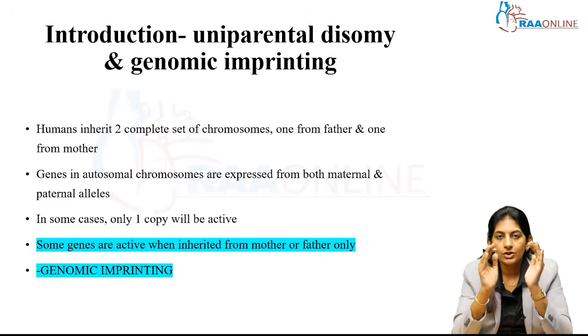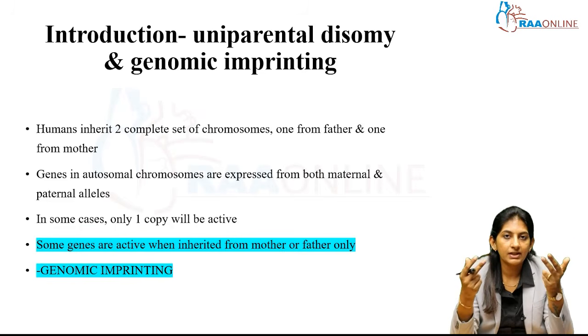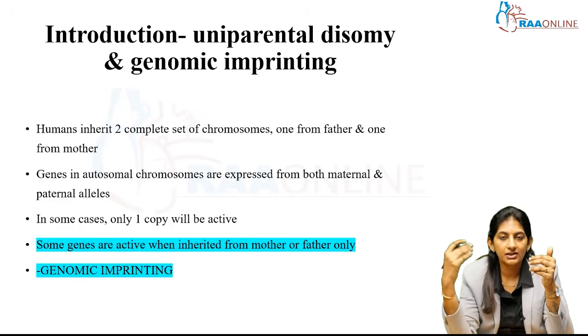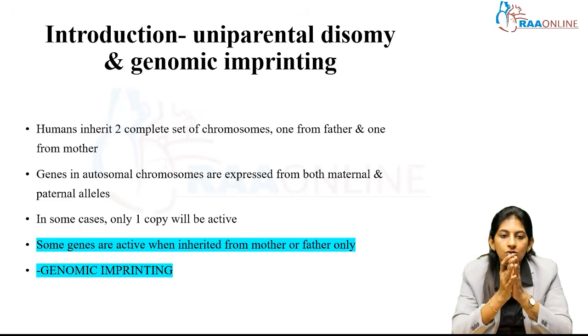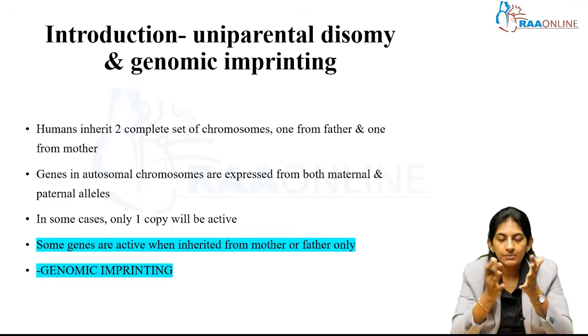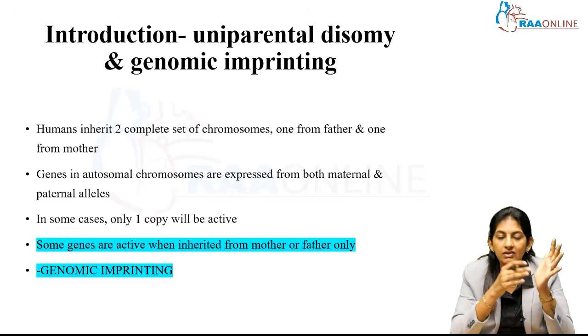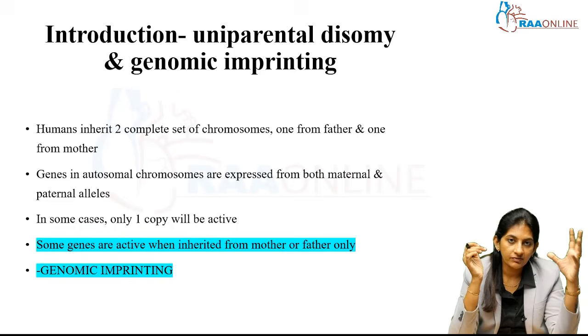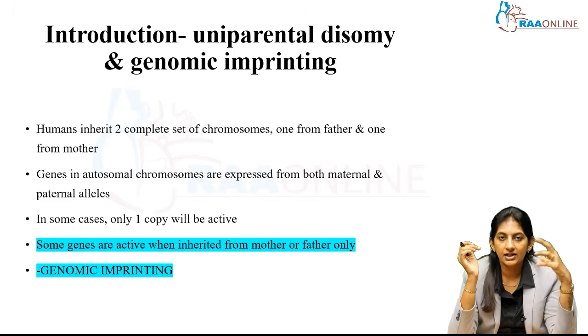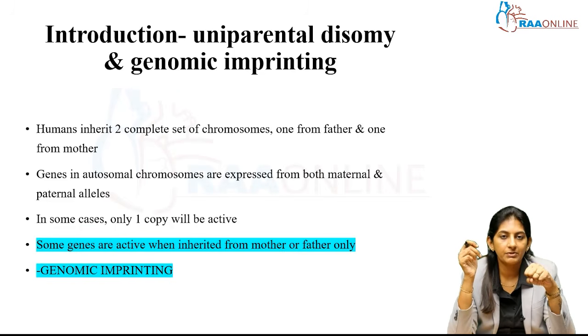So we know humans inherit two complete sets of chromosomes, one from the father and one from the mother. Most of the time, both chromosomes of a pair are active. In some cases only one copy will be active, depending on which parent it was inherited from, the father or the mother, and the other is inactive.